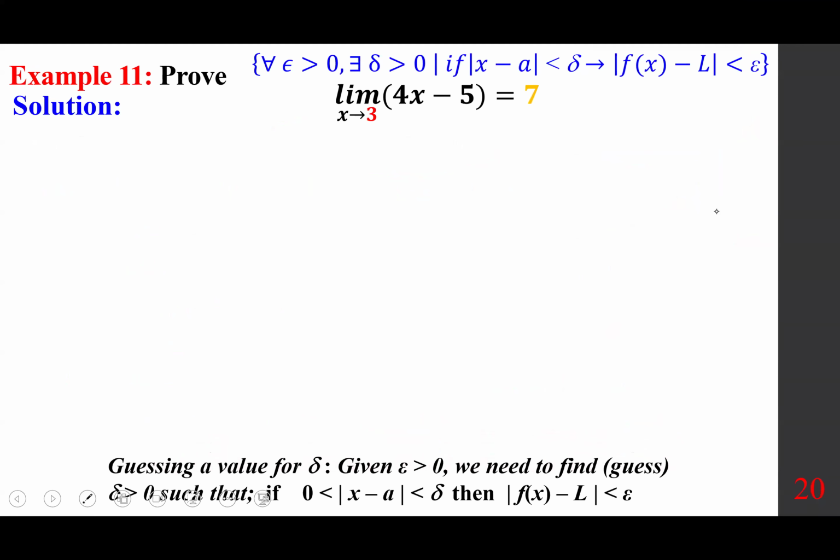Now, prove that the limit of 4x minus 5 as x approaches 3 equals 7.